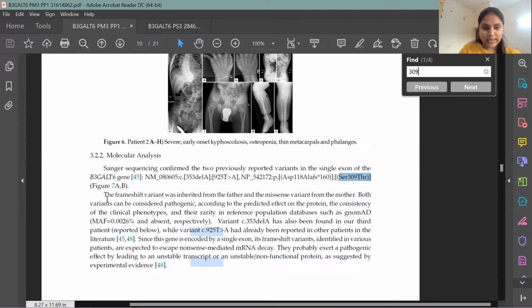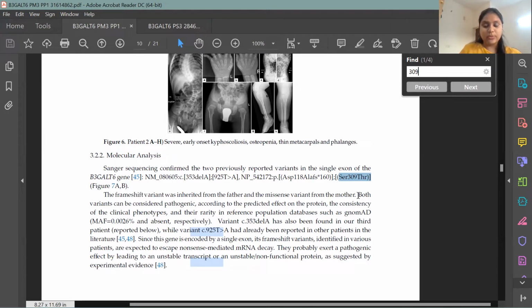They are saying that the frameshift variant was inherited from the father and the missense variant was inherited from the mother. So they are saying that there was co-segregation of the variant with the disease, as well as trans compound heterozygosity.